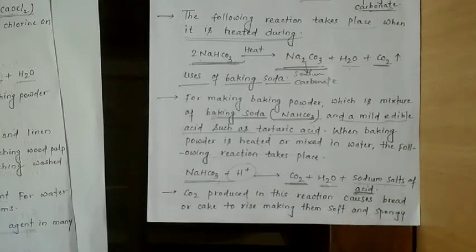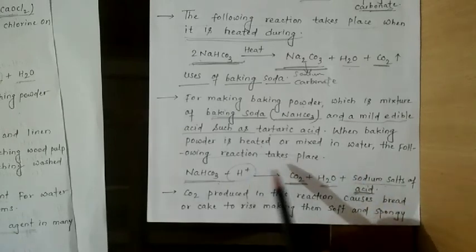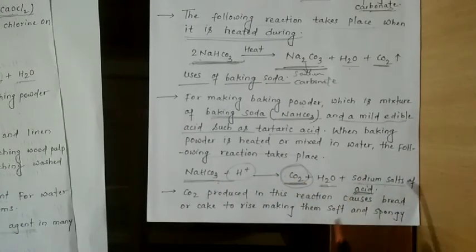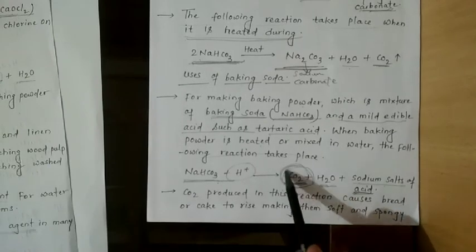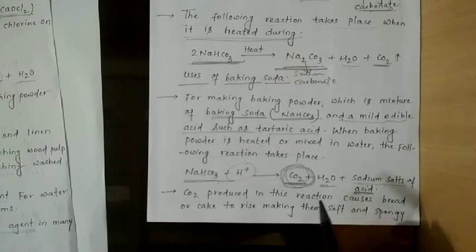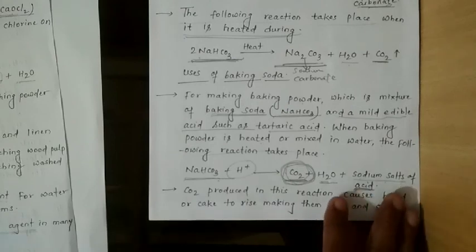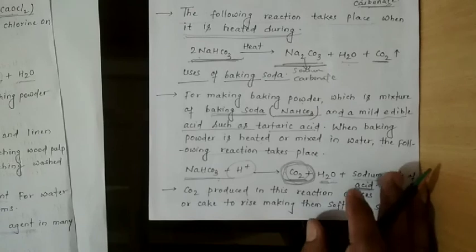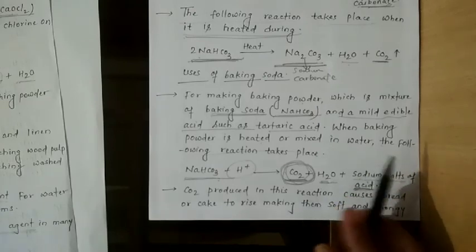This CO2 produced in these reactions causes the bread and cake to rise, making them very soft and spongy. So this is the preparation of baking soda and its uses.